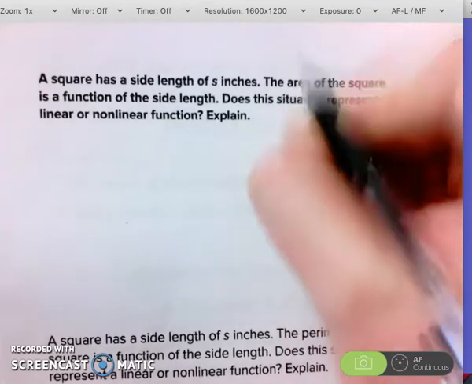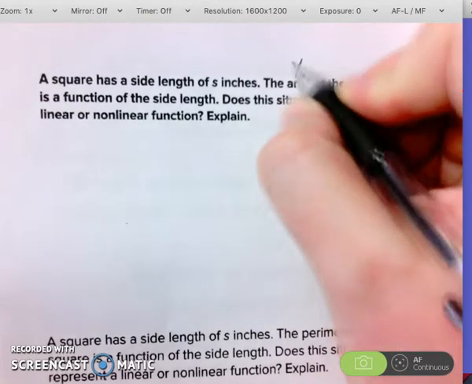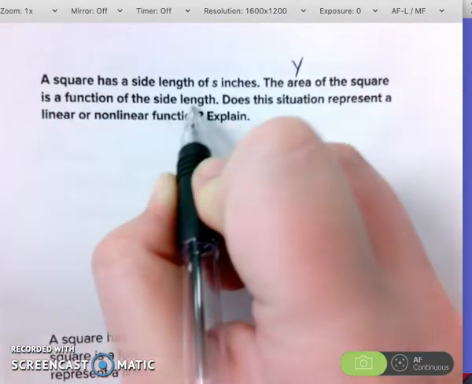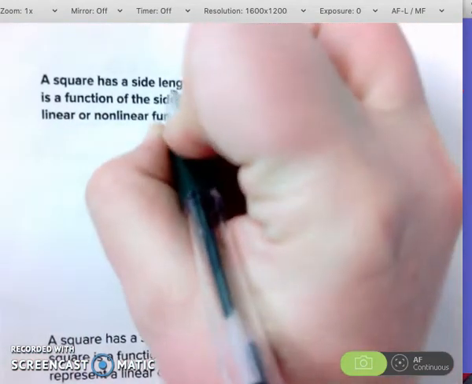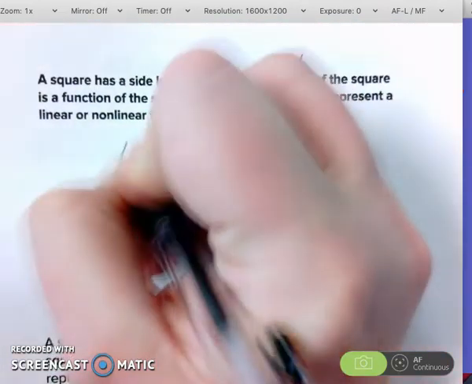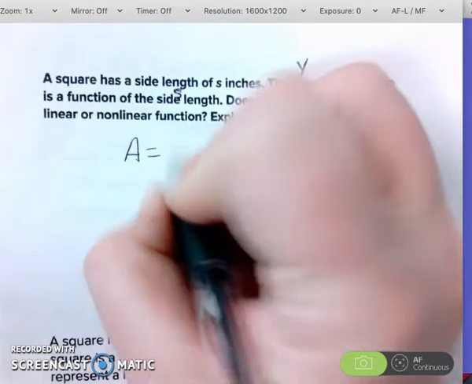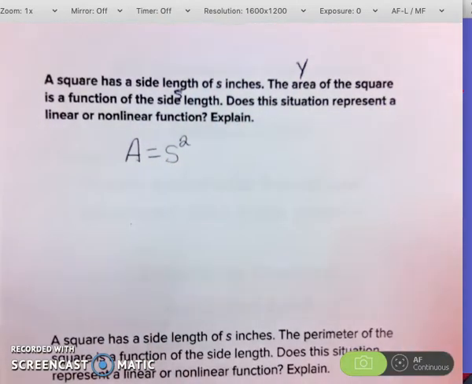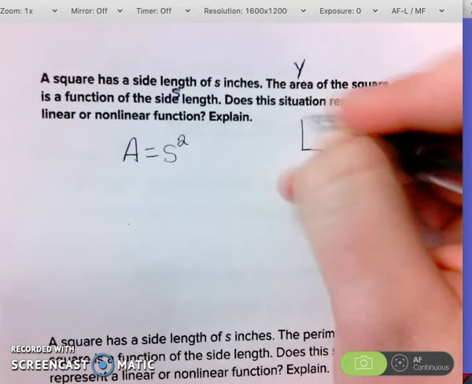The area is going to be our y. The square is a function of the side length, so the side length we're going to say is s. So the area is equal to the side squared.